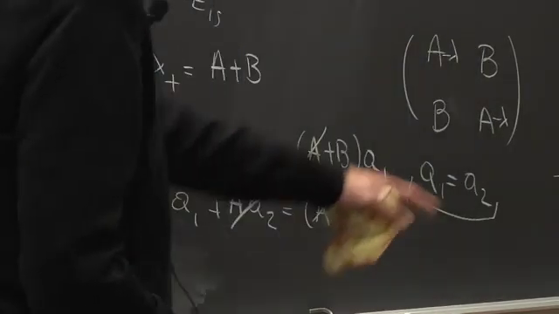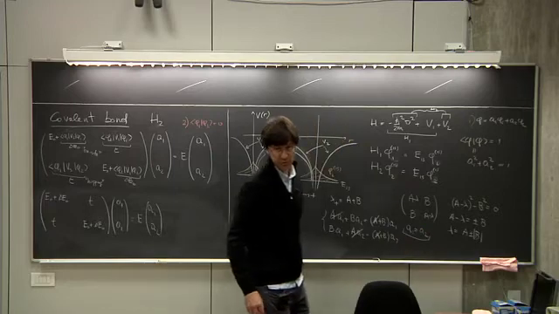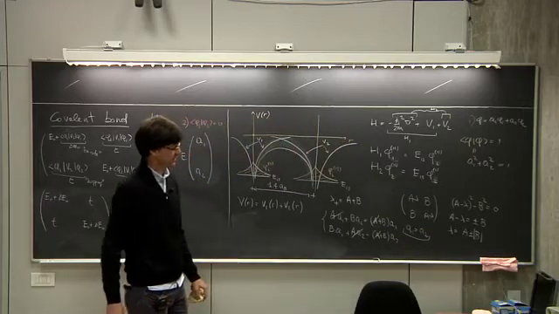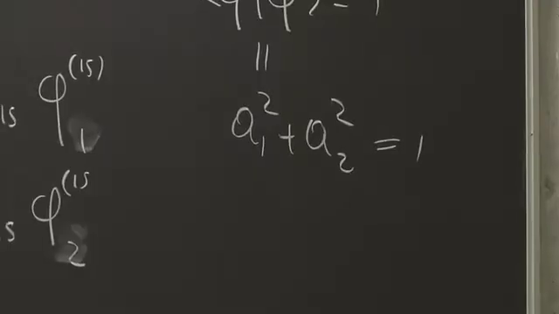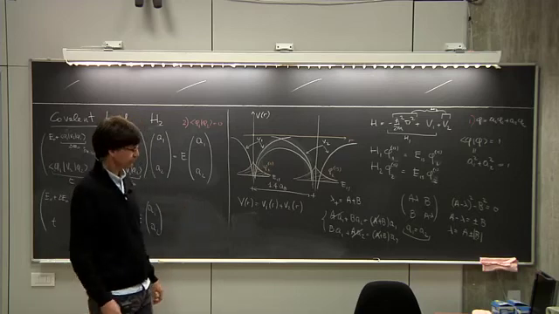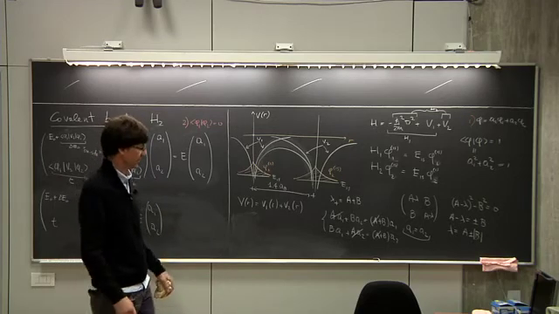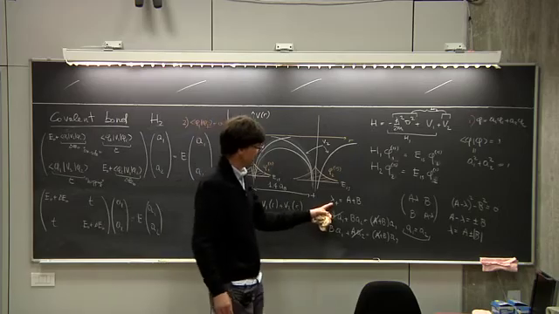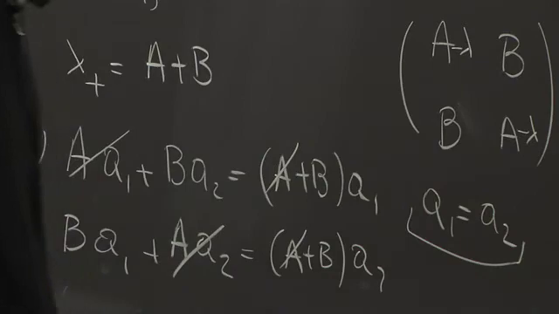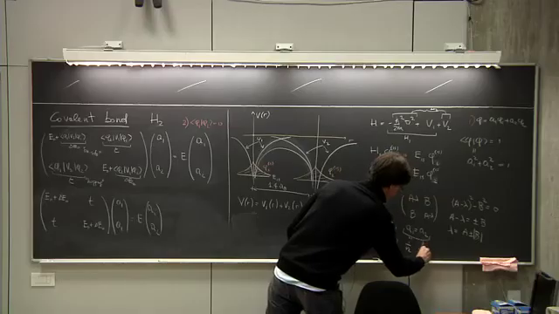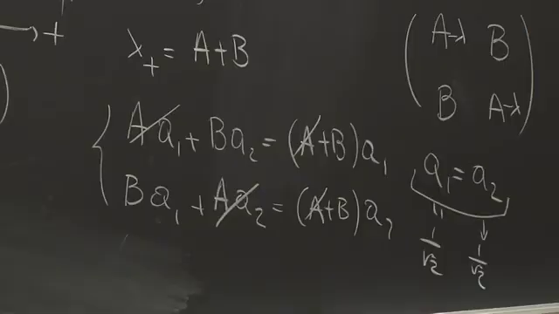Which means if I consider that the sum of the squares is 1, A1 equals A2 means that they have to be 1 over square root 2, each one. But I mean, this is not really relevant for us. The important thing for us is that when I have the plus here, A1 must be equal to A2. That is, they are both going to be equal to 1 over square root 2 because of the normalization constraint.